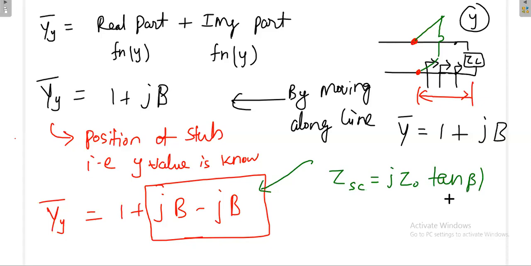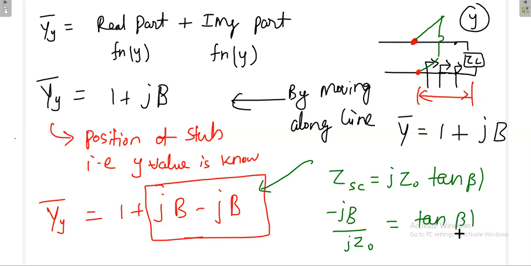Now what is my aim? I have to get minus jB, because minus jB will cancel the plus jB. If my short circuit impedance has to be minus jB, then what should be my beta L? That we can calculate.